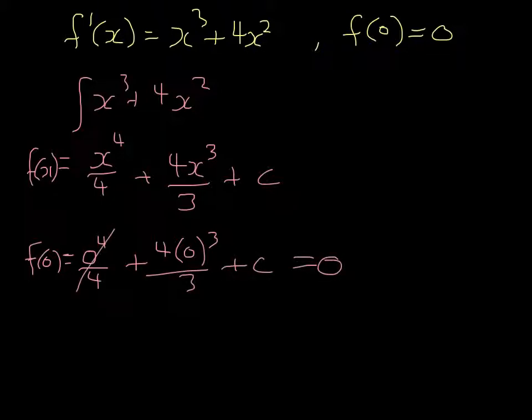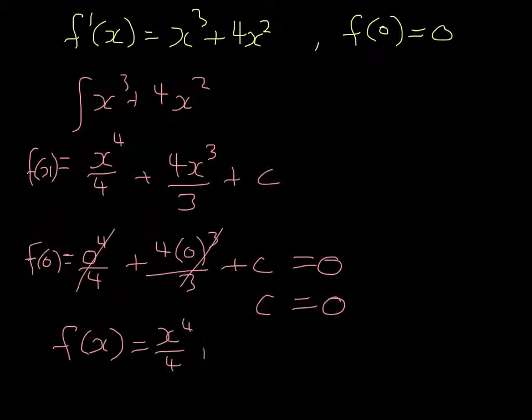Yeah, that's 0, that's all 0, so that'll tell us that c is equal to 0 in this instance. So that way we get our function of x equals x to the 4 over 4 plus 4x cubed over 3, and that will be our answer. Okay, we'll do another example.